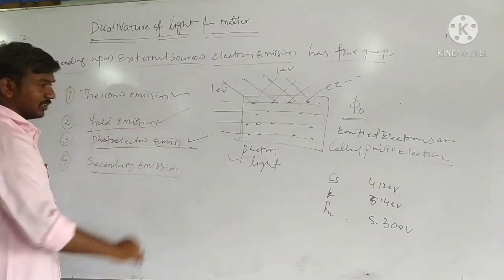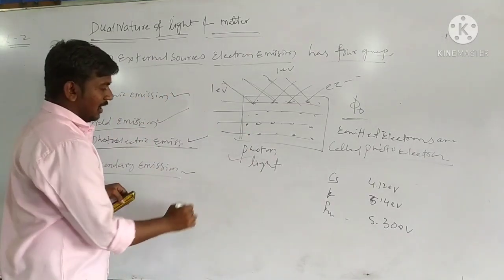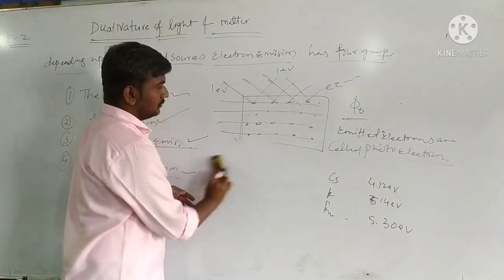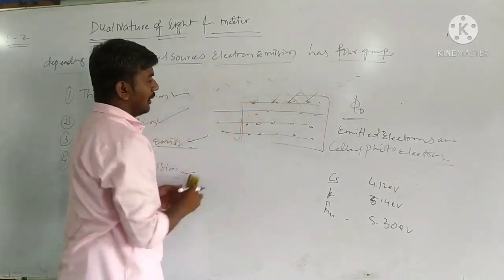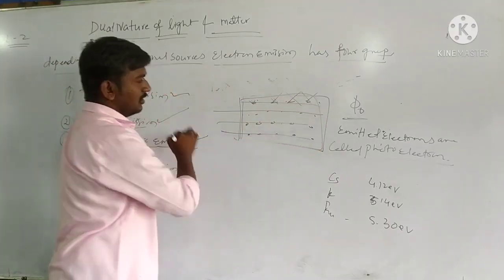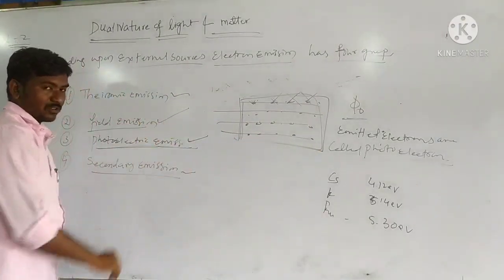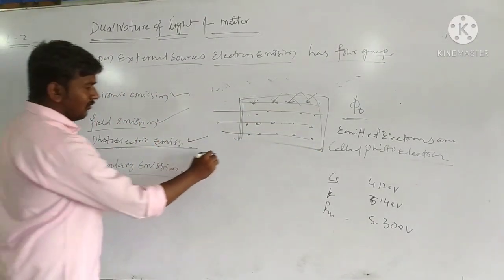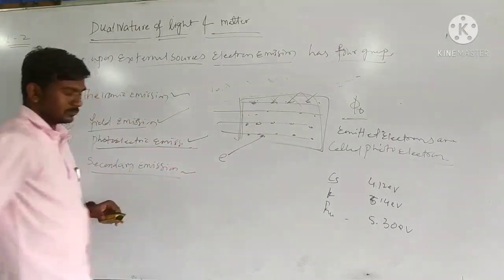Next secondary emission. So इस वाले फील्ड के अंदर क्या होता है? When metal surface जब होता है free electrons, then you apply a fast moving electron here.